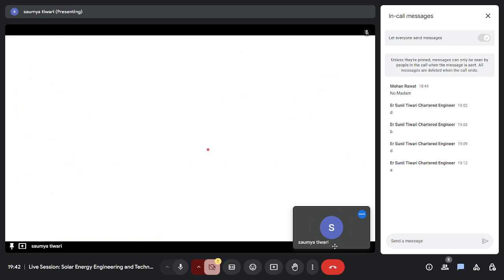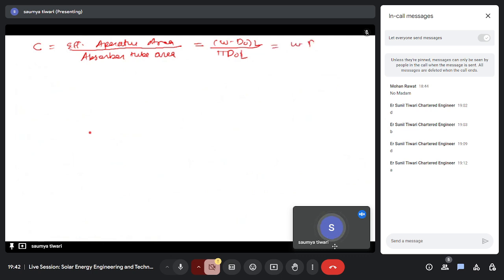So this will be your flux that is actually received by your absorber. Now, what is the concentration ratio? This is your effective aperture area upon your absorber tube area. So this will be W minus D naught into L upon pi D naught L, so it will be W minus D naught upon pi D naught.